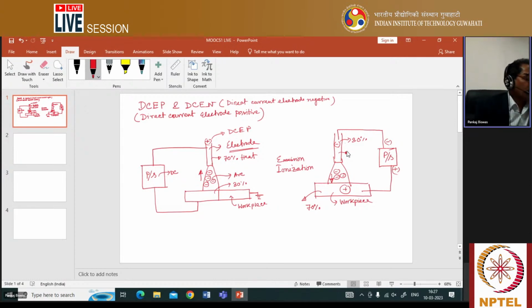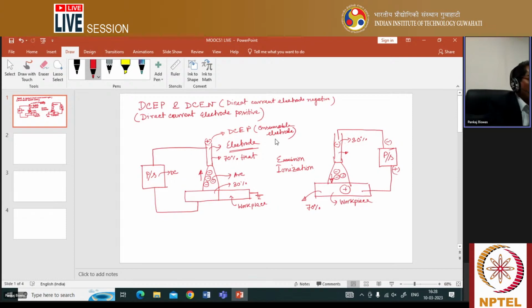That's why, once you go for consumable types of electrode, DCEP polarity is preferable. So for consumable electrode, DCEP polarity is preferable, because in this case 70% heat is generated in the electrode. Due to this, this electrode material will easily melt and be deposited, correct? This thing you should keep in mind.